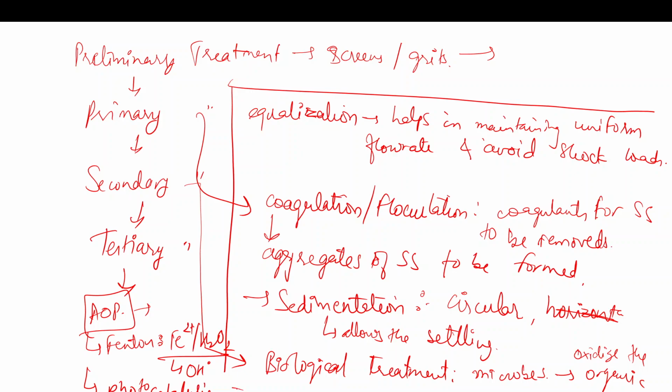You can also use ozonolysis. So there are multiple processes, but depending on the industry, they might or might not be applicable, and advanced oxidation still requires more attention for actual industrial application.